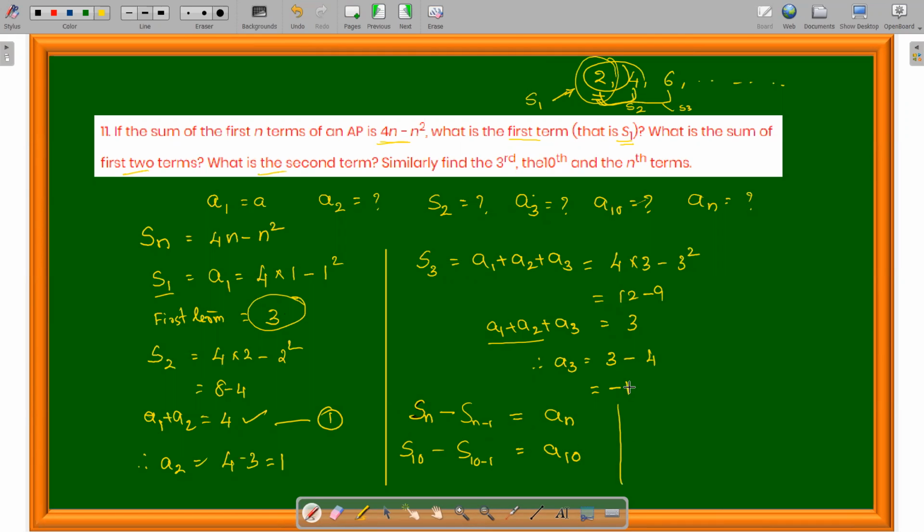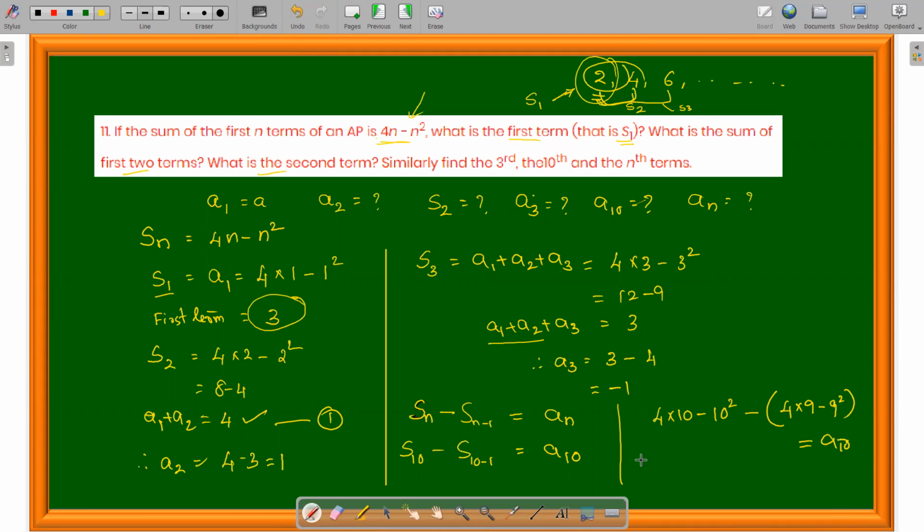Now I'm writing here S10, how will you get it? Simply in this formula, substitute 10 there. So 4 into 10 minus 10 square, minus of, here 10 minus 1, it's 9. Instead of n, we can put 9 there. 4 into 9 minus 9 square. So that we will get A10.